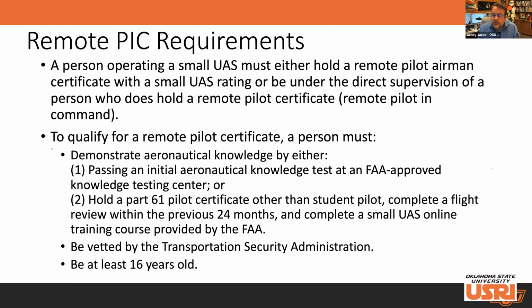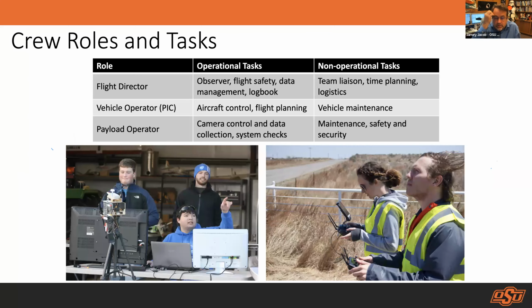It's a fairly straightforward test, but if you're not familiar with airspace or things such as airspace operations, aviation charts, then it does require a little bit of studying in order to be able to pass that. You also have to go through a fairly simple TSA check and be at least 16 years old.